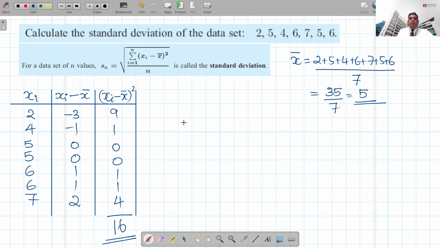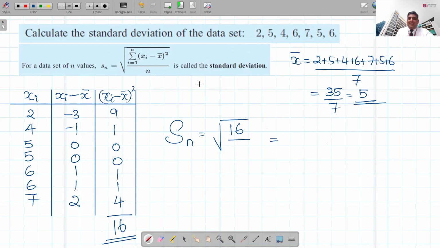So according to our formula, standard deviation of n pieces of data is the square root of 16 over, sorry, my mistake. Square root of 16 over the total number of data.